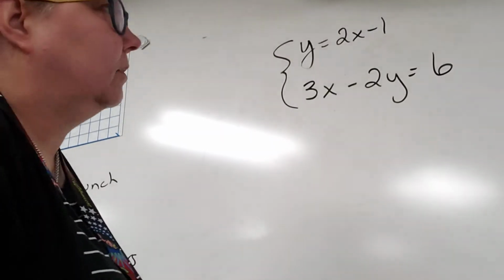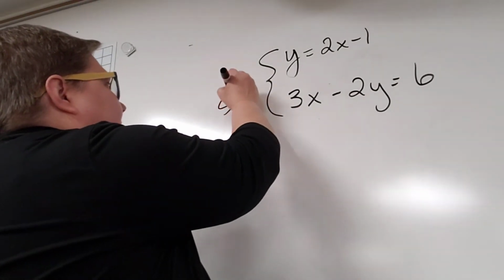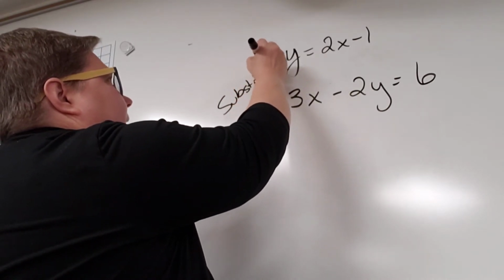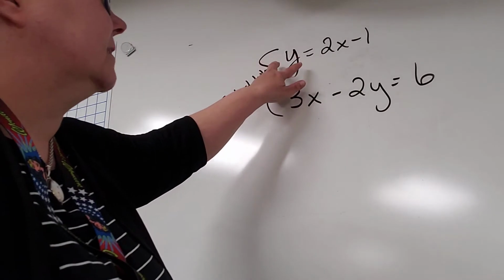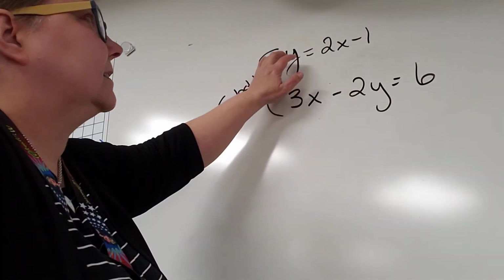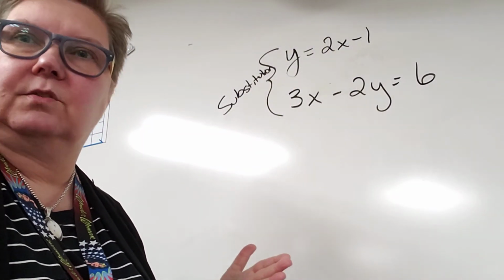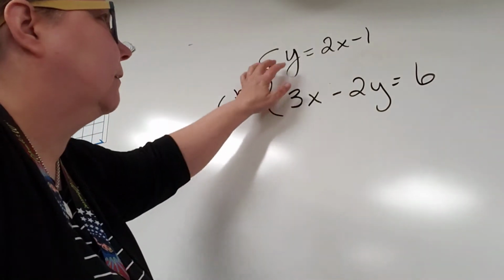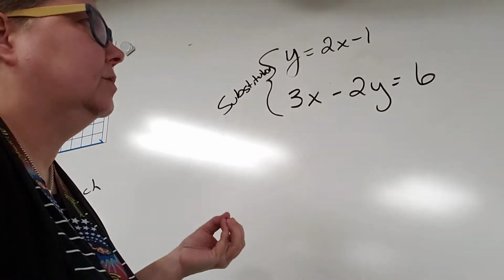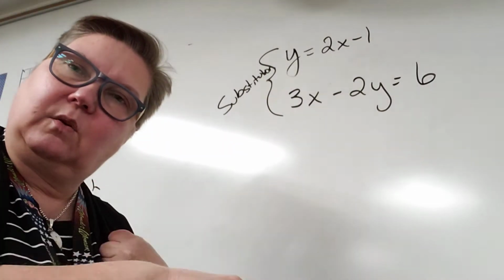So the reason why I like to do substitution here is because this says y equals something. Or if it said x equals 2y plus 1, that would be good too for substitution. Because when you have one variable solved for, what you're doing in substitution is pulling out that variable and putting that equation in.